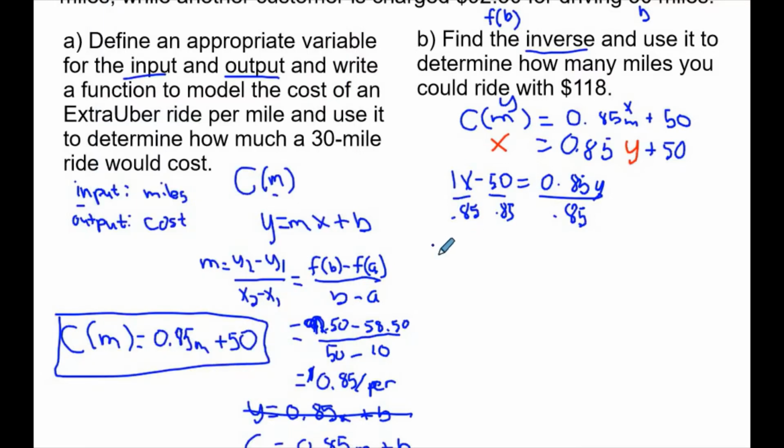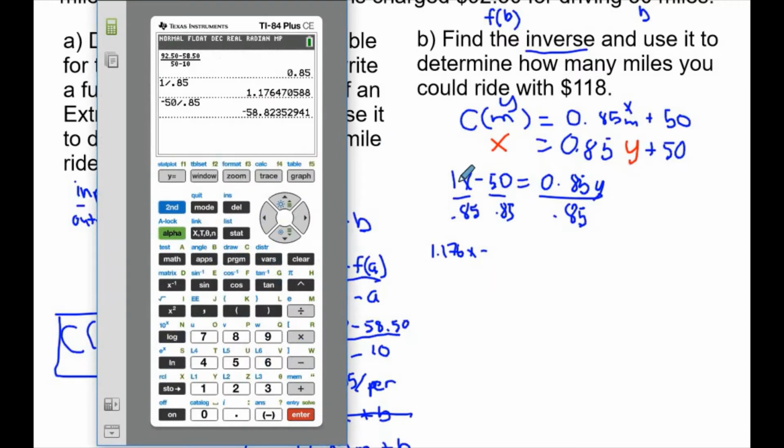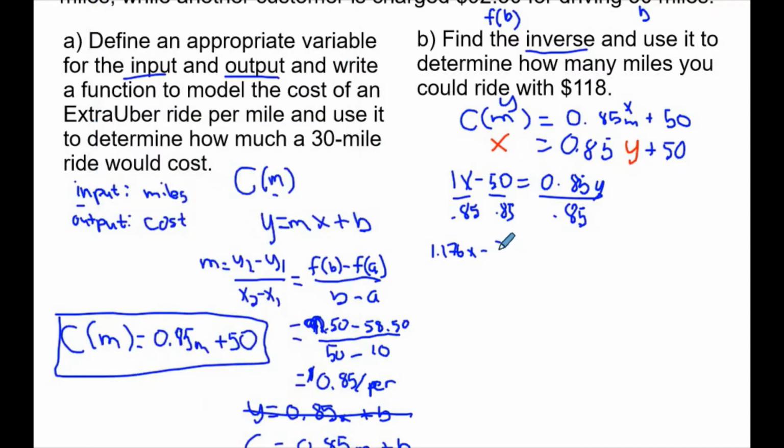So this became 1.176, and this value here was minus 58.824 actually, so minus 58.824, and that equals y. But to find the actual inverse, all you do is you switch these, right? So inverse means to switch, so we're going to switch these two things.